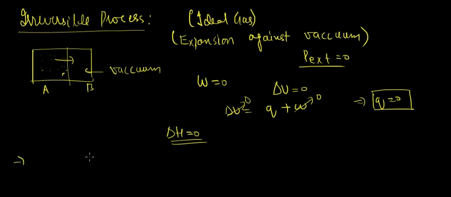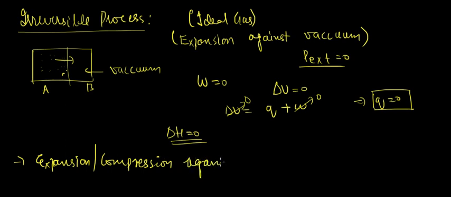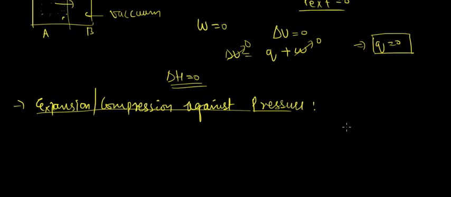Next, let us see the expansion and compression of a gas against some pressure. Against pressure. So here P external would not be equal to 0.